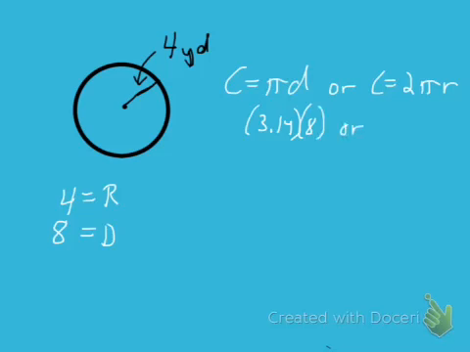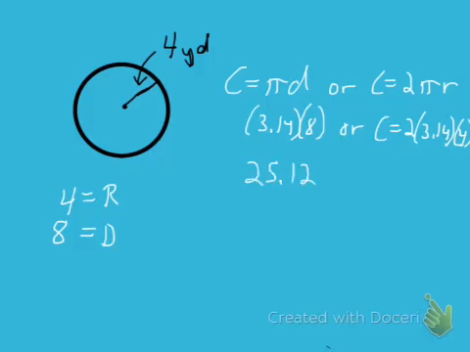Or 2 times 3.14 times the radius, which is 4. And you see, once again, 2 times 4 would give you 8. So I'm going to get the same thing either way. 8 times 3.14 gives you 25.12.